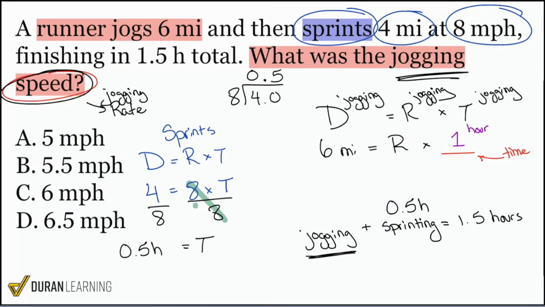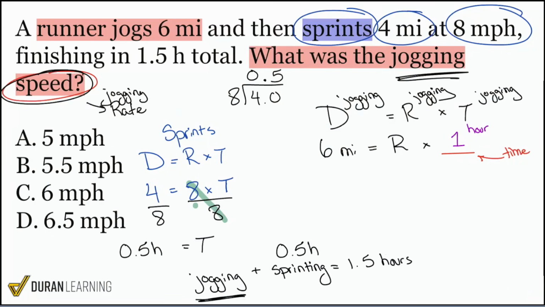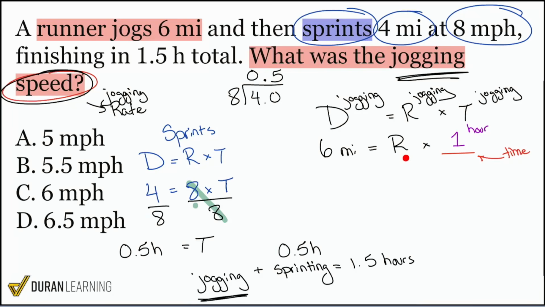And now, everyone, can you see that we can finally solve this equation? Now we can solve for the rate. Do we see that now? We have the distance, we have the time. Now we can solve for that rate. And now that we've been consistent, boom, one last step is to divide both sides by 1, which we don't even need to do because r times 1 is just going to be r.